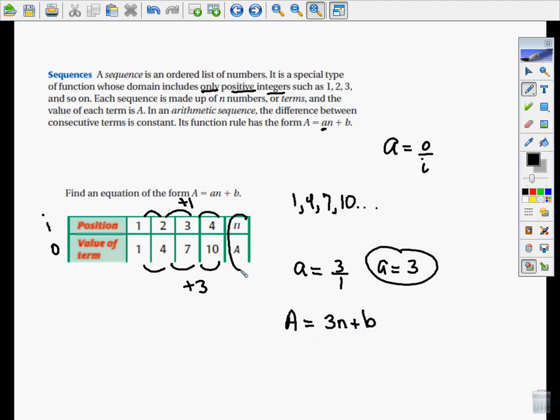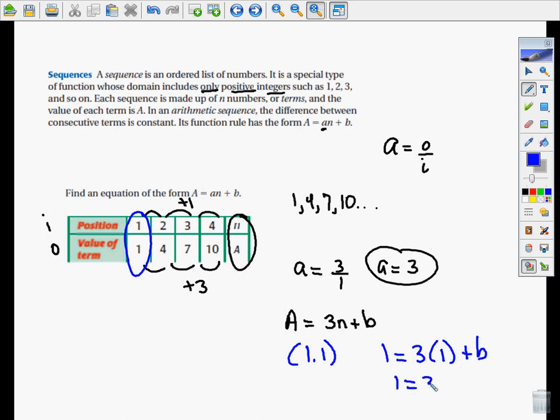Well, look, these are the n's and these are the a's. So I'm going to pick an ordered pair, input output, just like I did before. Again, I don't have a 0, but 1, 1 is a pretty good one to use. So if I choose 1, 1, then my capital A is 1 equals 3 times my n is 1 plus b.